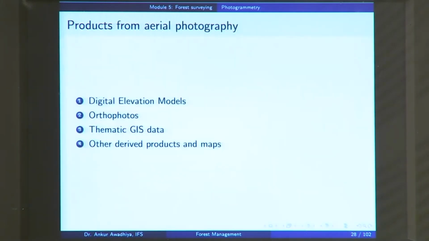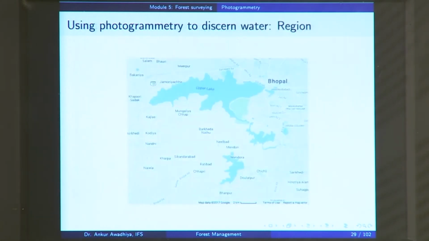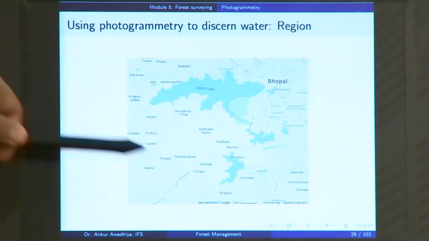So, this was the digital elevation model. Now, you can also make use of aerial photography to make ortho photos, to get thematic GIS data or other derived products and maps. So, for instance, this is another study that we did in Madhya Pradesh. We have this upper lake in Bhopal and this is how it looks on the Google map.